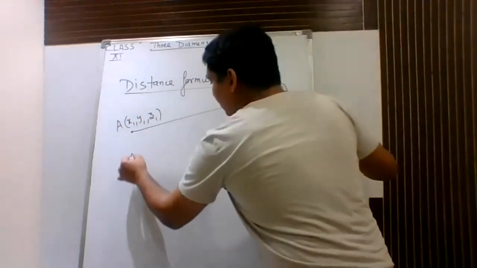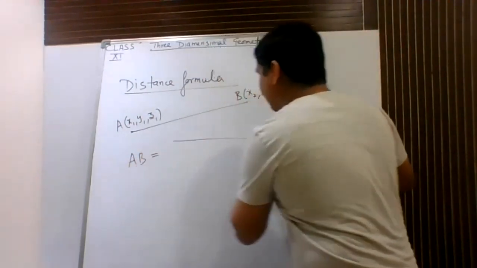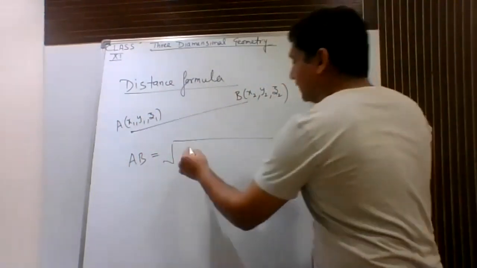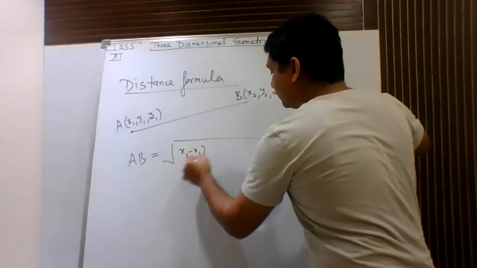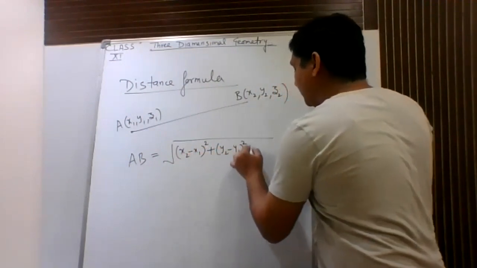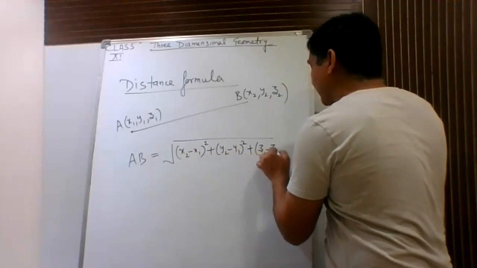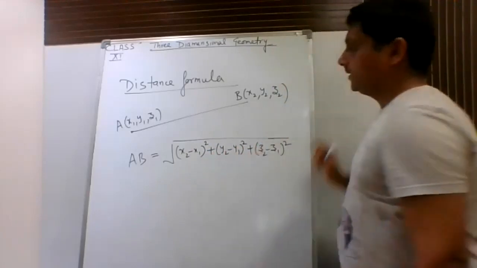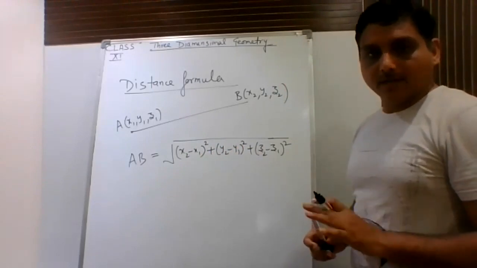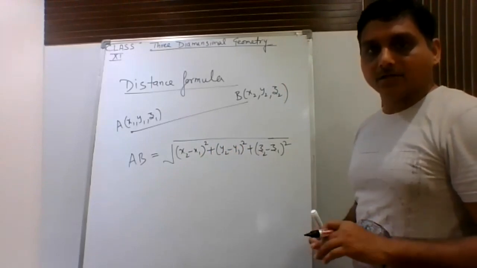Now, on the basis of this, we want to find the distance. How to get it? You will simply write (x2 minus x1) whole square plus (y2 minus y1) whole square plus (z2 minus z1) whole square. So this is how we can find the distance between two arbitrary points in three-dimensional geometry.